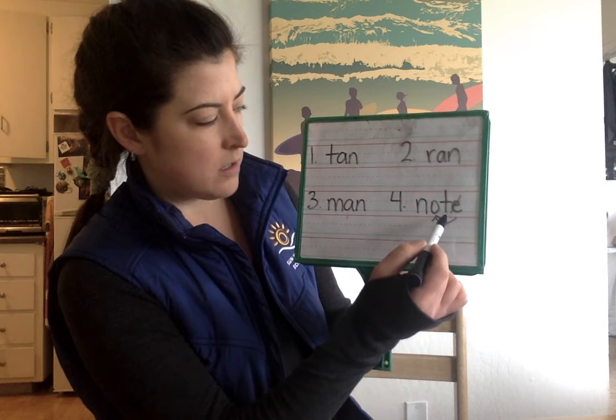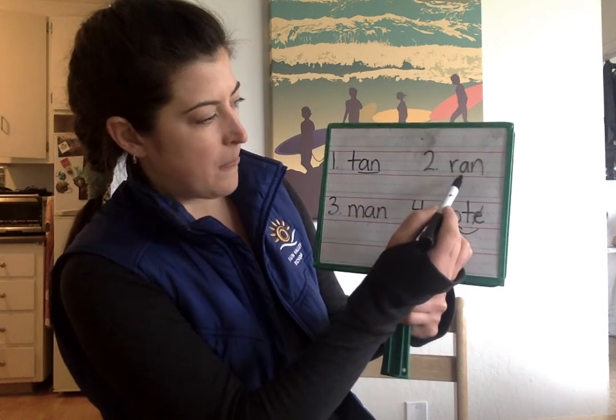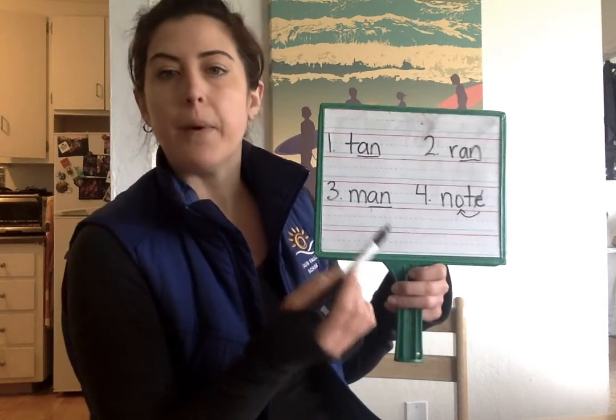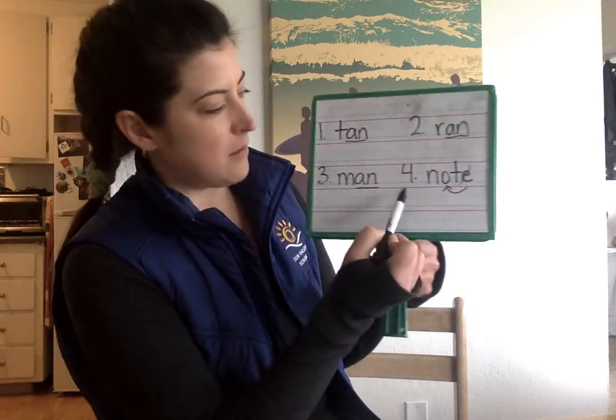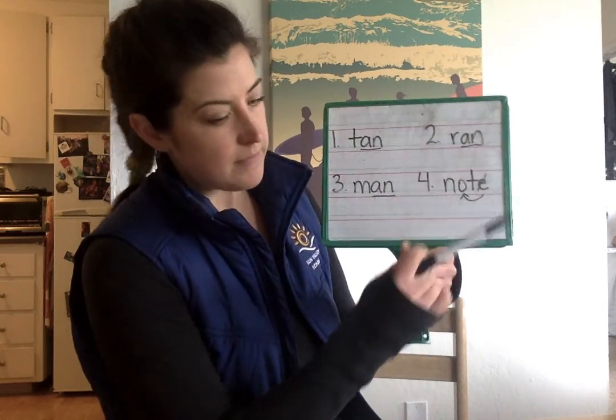Note. Numbers 1, 2, and 3 are all part of the an family, but note that one does not belong at all. I will include one of those silly Jack Hartman videos that's also about word families for you to watch today, boys and girls.